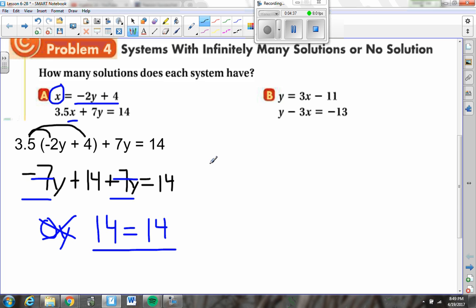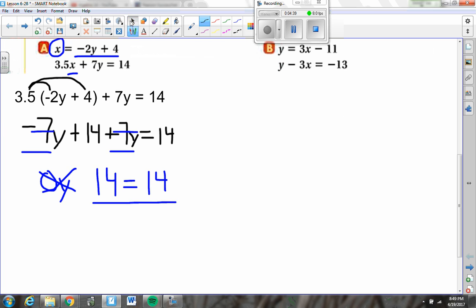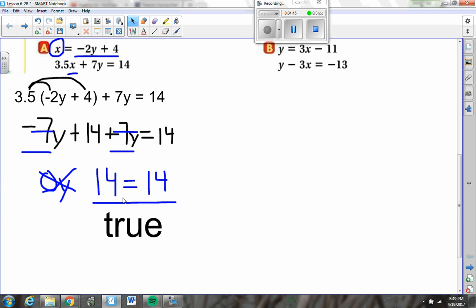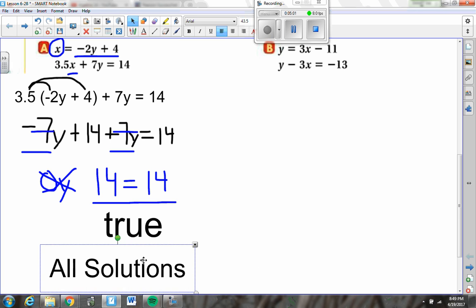If I'm left with a true statement, like 14 equals 14, which is certainly true, then I have a system with all solutions. Every number that exists in the world is a solution to this system of equations, and I don't have to go any further.